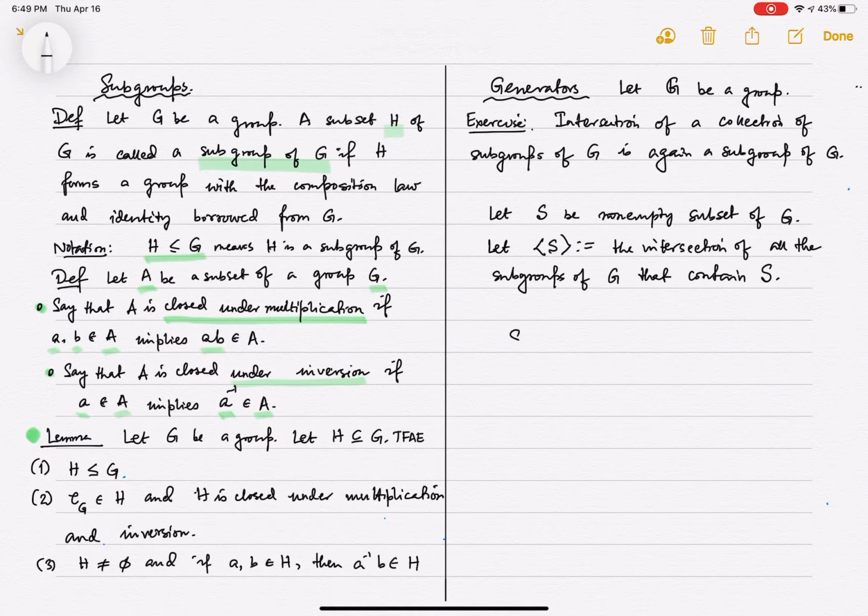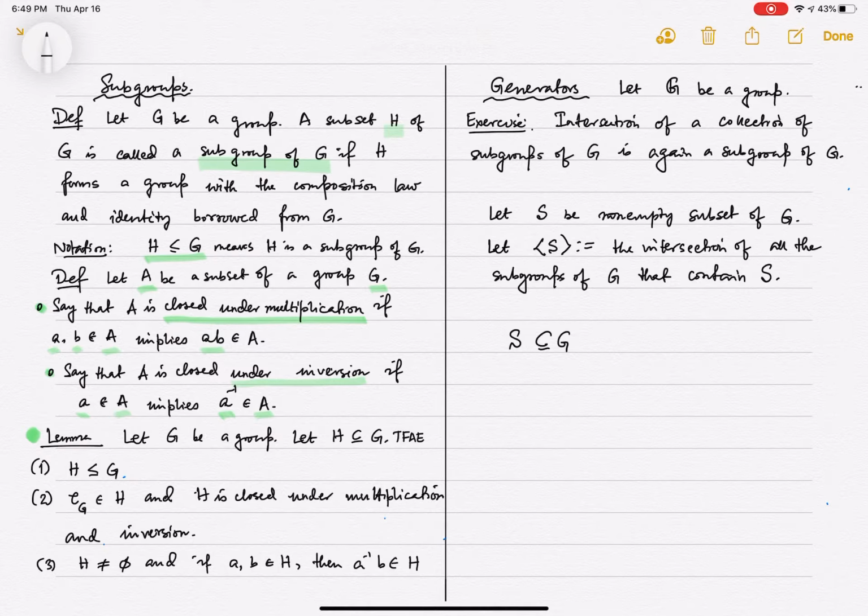There is one subgroup that contains S. G itself is a subgroup of G, you see, and G certainly contains S. So this collection of subgroups that contain S is non-empty. So if I intersect them all, I again get a subgroup.